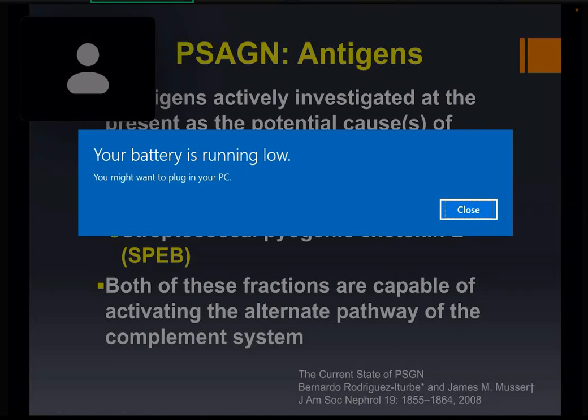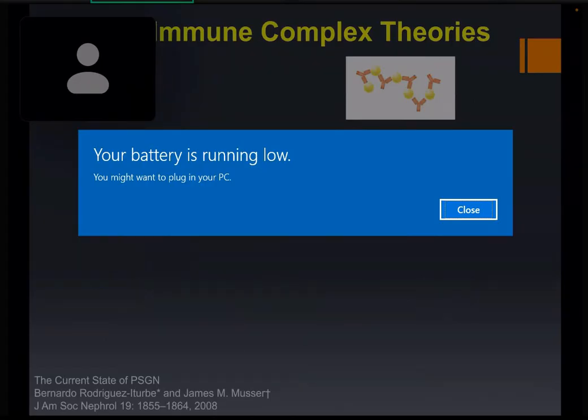Both of these antigens have the capability to activate the alternate pathway of the complement system. I don't need to discuss the complement system; I'm sure that you have reviewed it from your immunology or even from physiology.